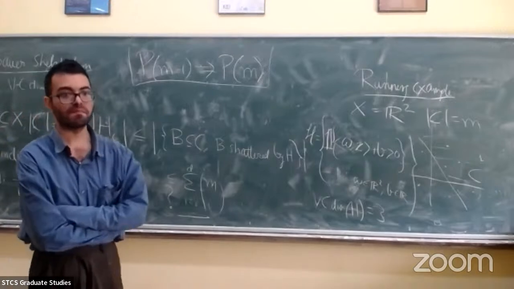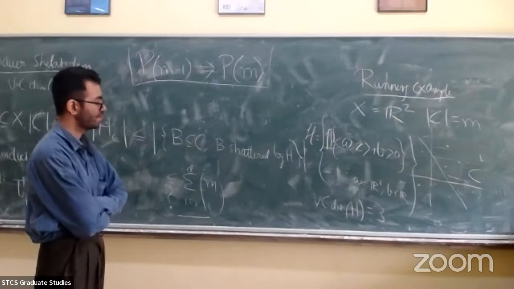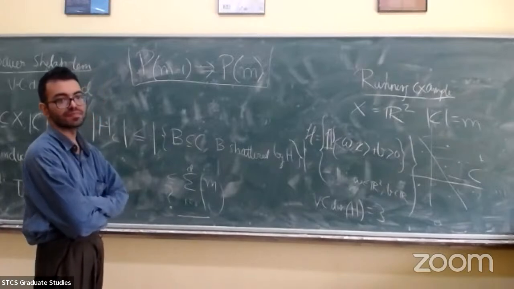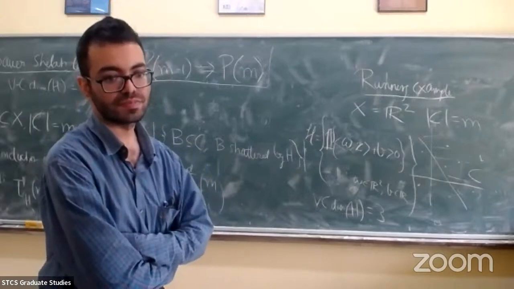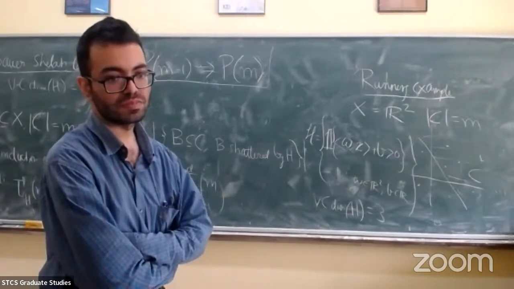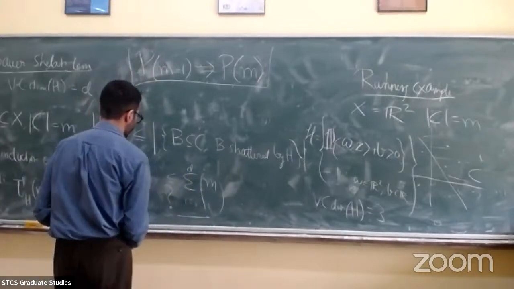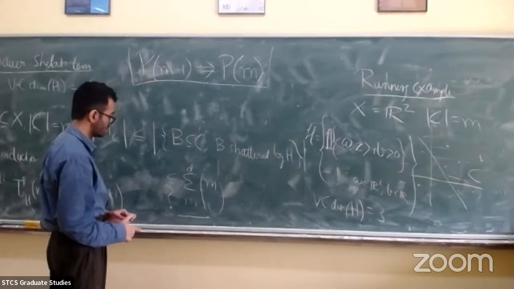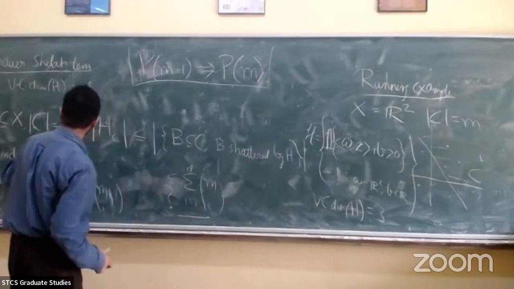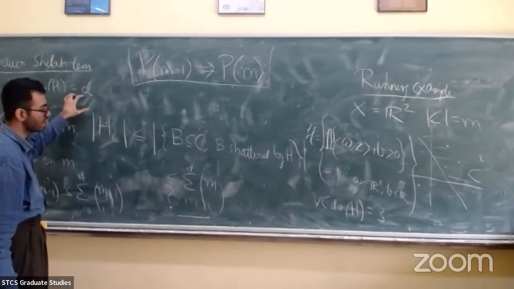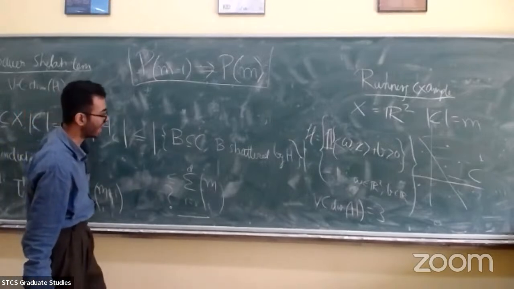Yeah, anyone? This is not hard, this is trivial. Okay, it's very simple, right? We just say that, look, the VC dimension is D, which means that only subsets of size at most D can be shattered by it.